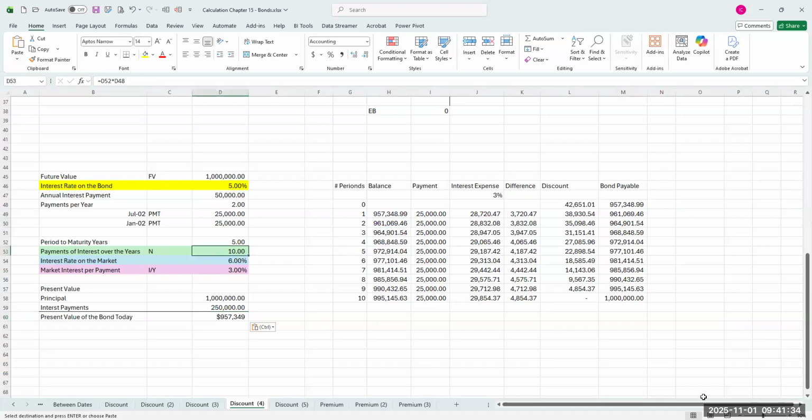Let's check if that's true. If we reduce the payments by 1, the present value is exactly equal to that amount. Then how can I get the next amount? Well, reduce one more payment, go to the 8th payment, and then you're gonna see this is the ending balance at the first year.